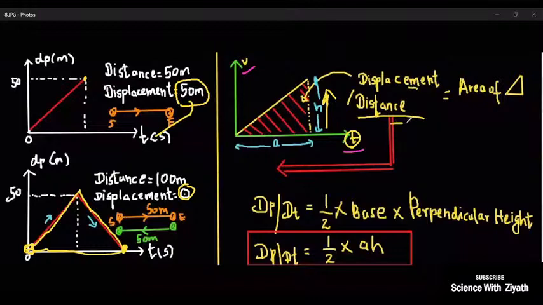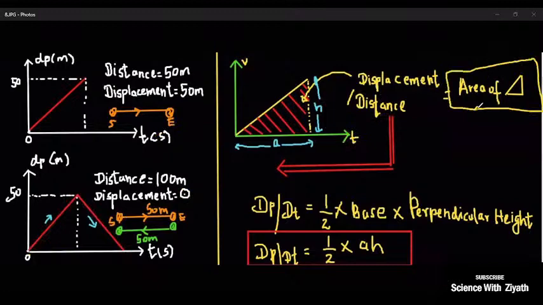So displacement or distance would be the area of the triangle. And distance, displacement equals half into base into perpendicular height, where the base is a and the perpendicular height is h. This is how you should remember.